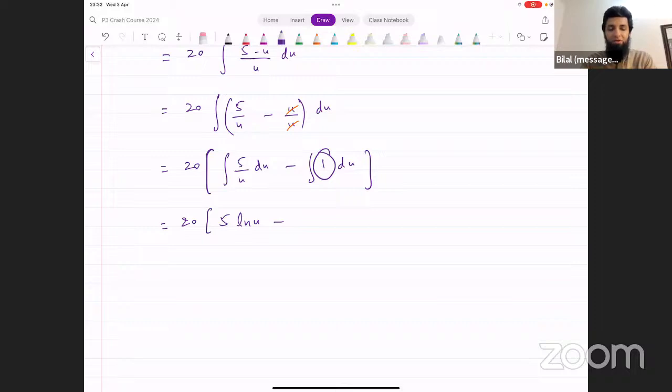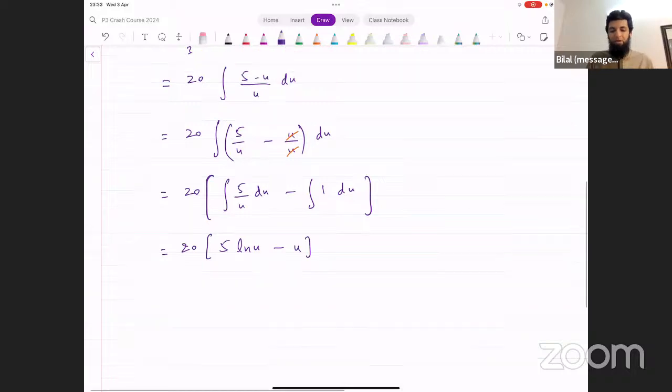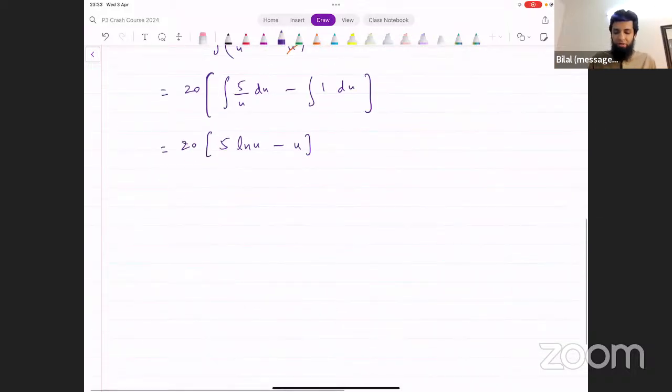Integration of 1 with respect to x is x. Here we are integrating with respect to u. So integral of 1 with respect to u would be u in this case. Okay? So this becomes u. And now we can input those limits from 3 to 5 and see what that gives us.